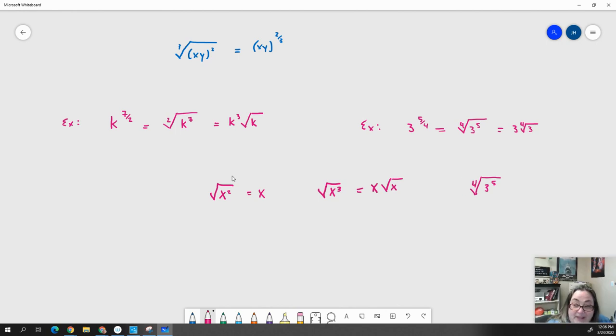I was already pulling that 3 out and putting it in front. So when I have 5 3s, for every 4 that I have, I can pull 1 out. So I'm going to lead with I've got 3. I'm going to pull that 3 out. But because I had 5 and I could only pull 4 out, I still have 1 left, right? So that's going to have to go back under.